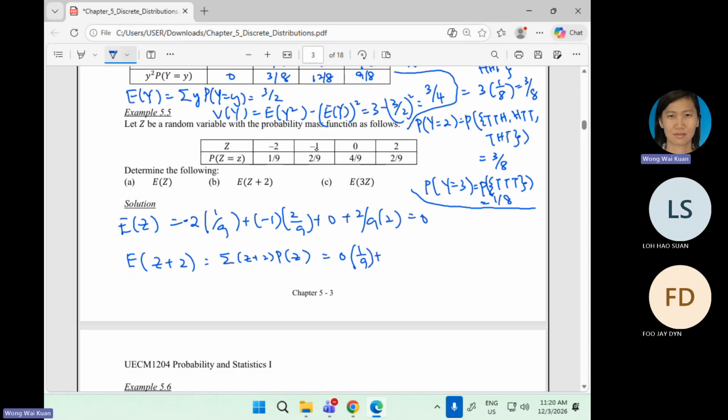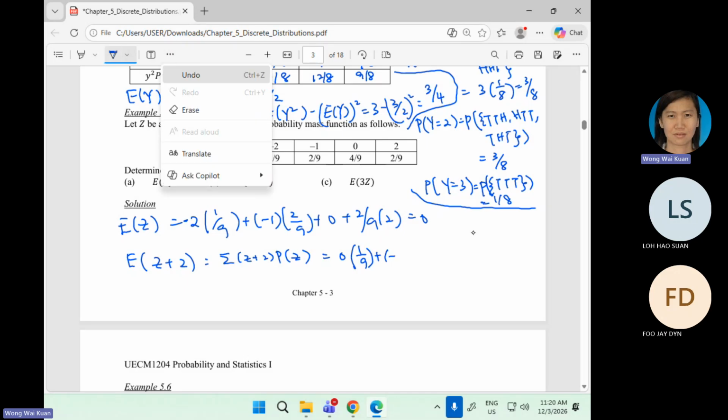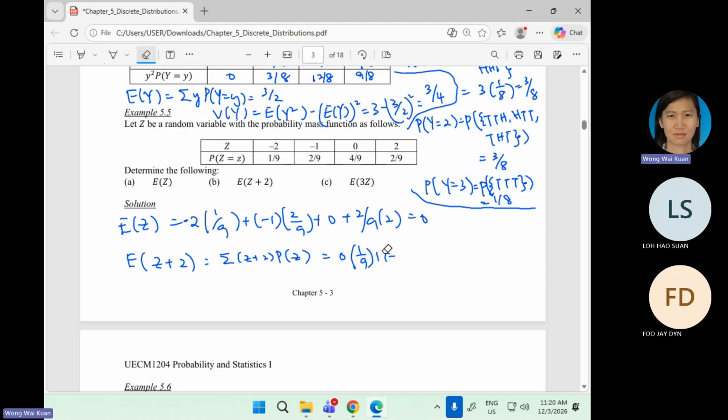Then minus 1 plus 2 is plus 1, times 2 over 9.